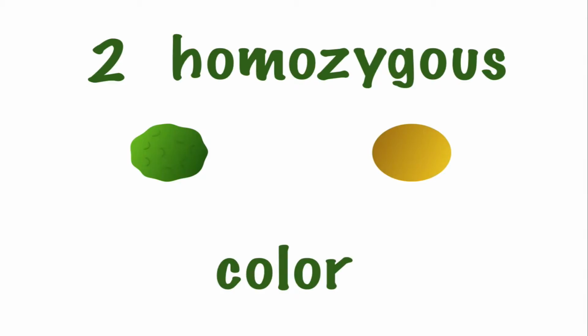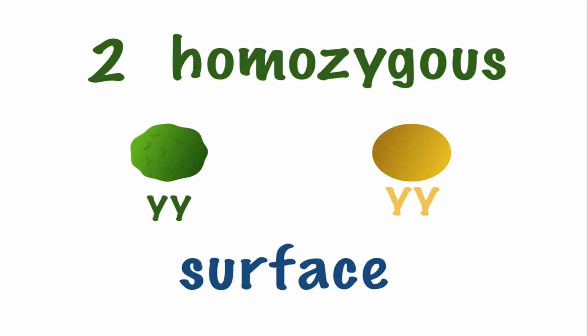So first the color. We already know that green is the recessive trait, so that's going to be two lowercase y's, and then the homozygous dominant will be two capital Y's. Now the surface. The surface for wrinkled is again recessive, so it's going to be a homozygous recessive.